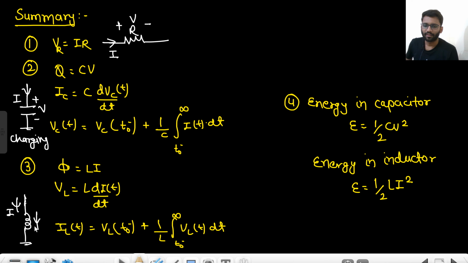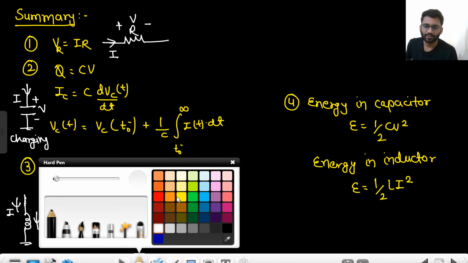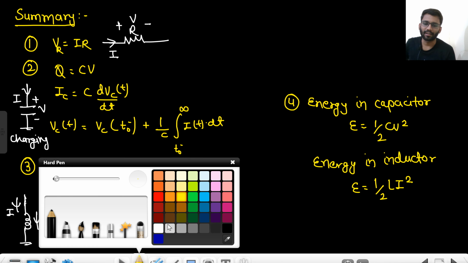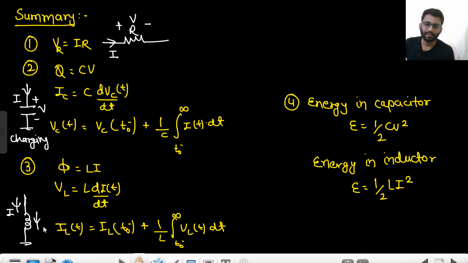Similarly, for the inductor, there is the initial current that was already there, plus the further current. What did I do there? This is wrong. Here I should have written iL(t): the initial current i(t0) that is already there, and the further current that is coming. And the voltage developed will be this.